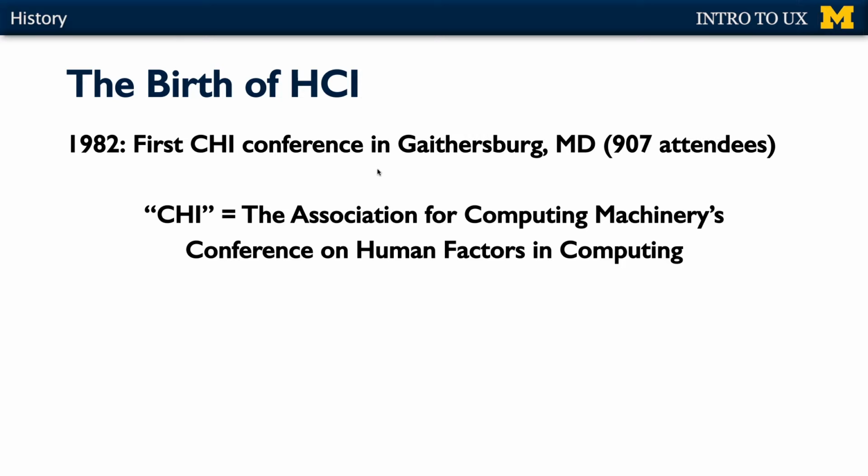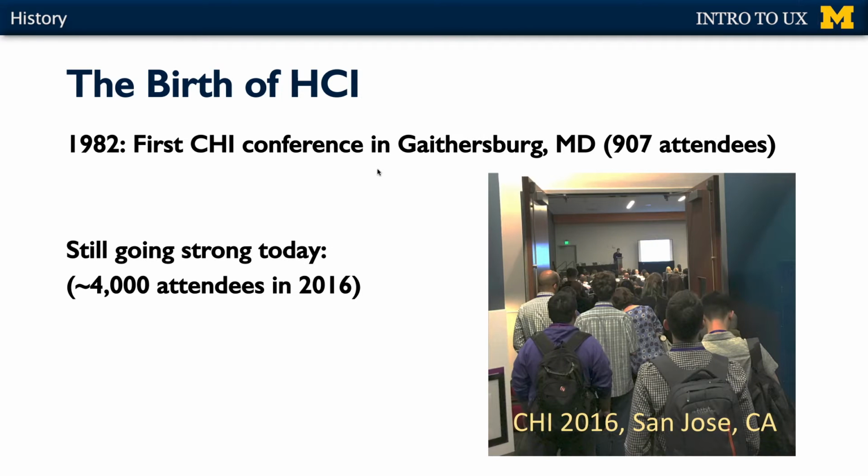The long name is the Association for Computing Machinery's Conference on Human Factors in Computing, but everybody in the field calls it CHI. The first conference happened in 1982, and it's still going strong today. So here's a picture from 2016 in San Jose, California. There were 4,000 people in attendance there, and as you can see from this picture I took of a conference session I was trying to get into, it's just overflowing and filled to capacity.